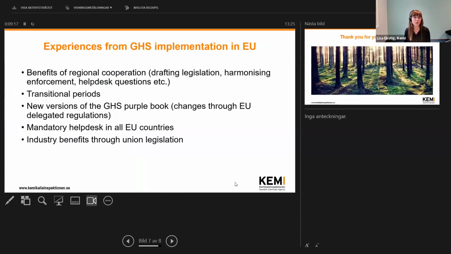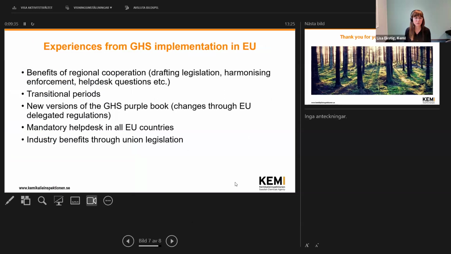Some experiences from when GHS was implemented in the EU, I wanted to mention briefly as well. We have noticed in the beginning the benefits of regional cooperation in the EU.